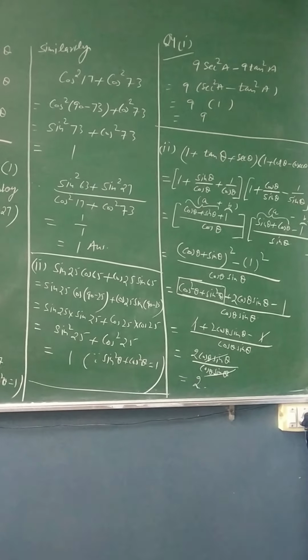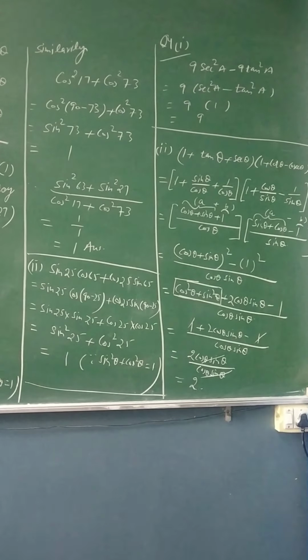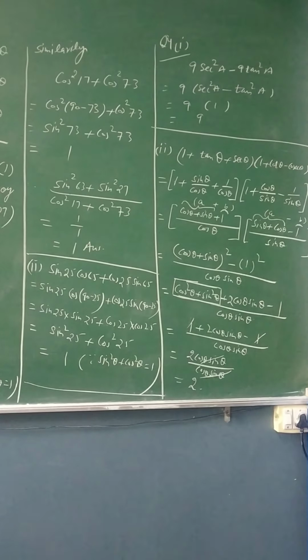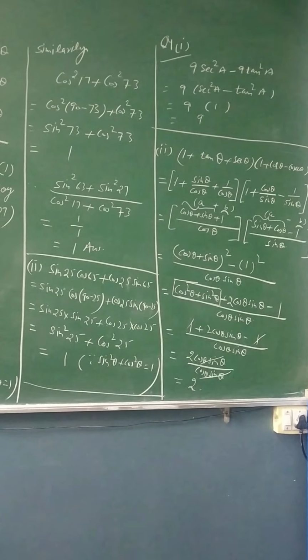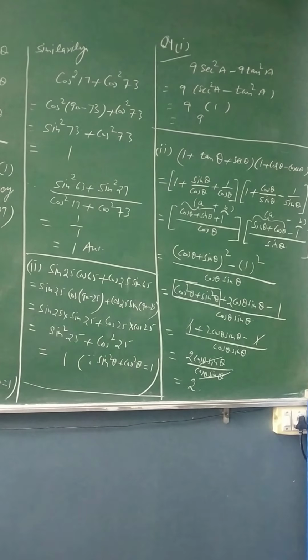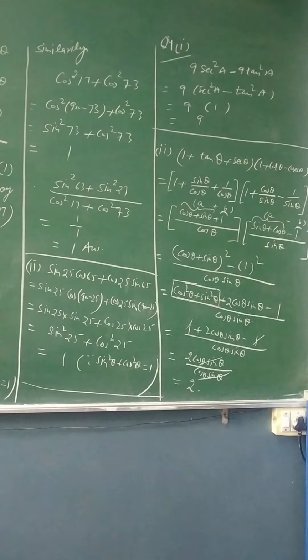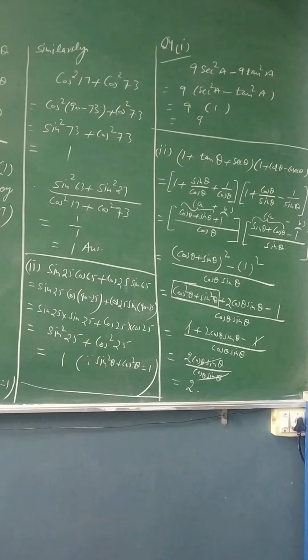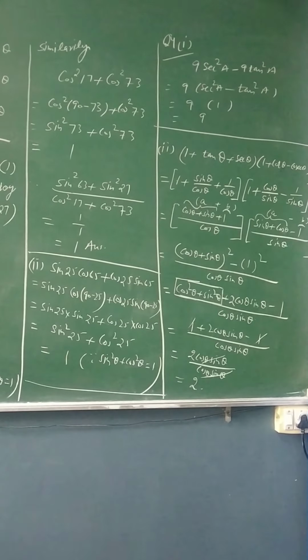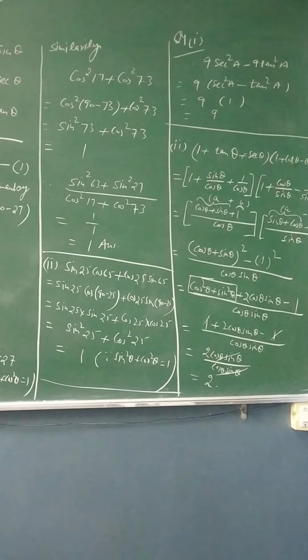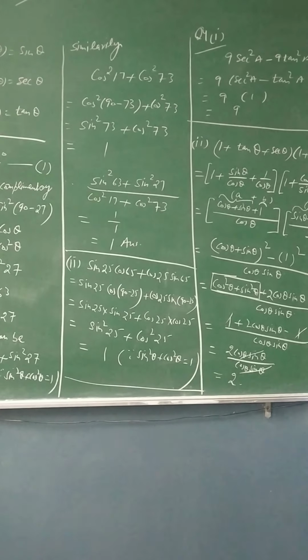Simultaneously you have to keep the identities in your mind, and that is the difficult part students are finding, especially from the algebra point of view, how to apply and how to identify. So the only answer from my side is practice makes a man perfect. As you keep on practicing such questions, definitely you are going to become perfect.